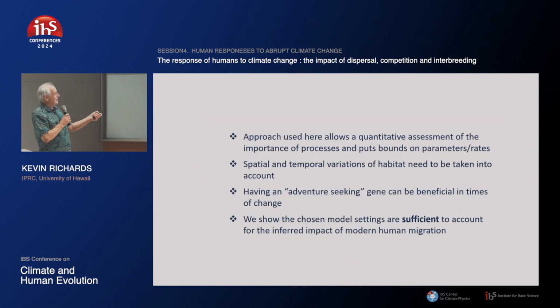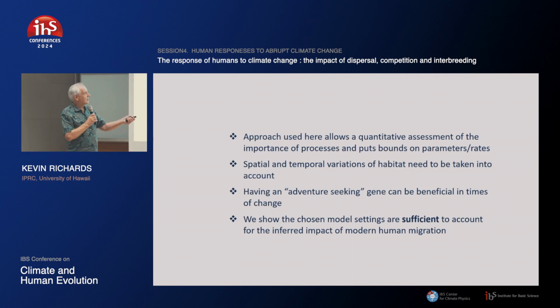So the take-home message here is that we hope that the approach that is used allows a quantitative assessment of important processes and puts bounds on parameters and rates. It's important to consider the spatial and temporal variations of the habitat.